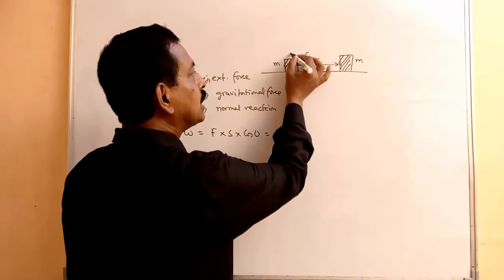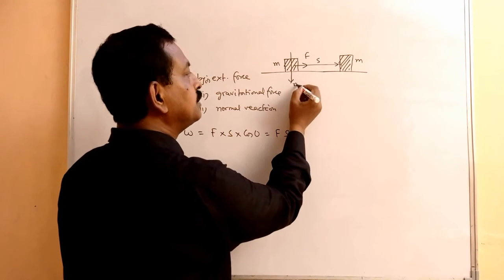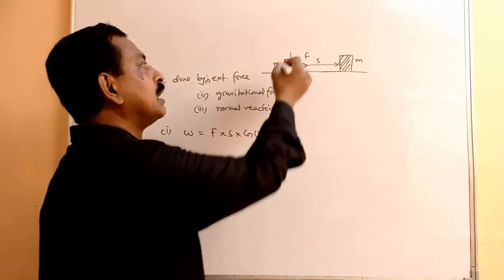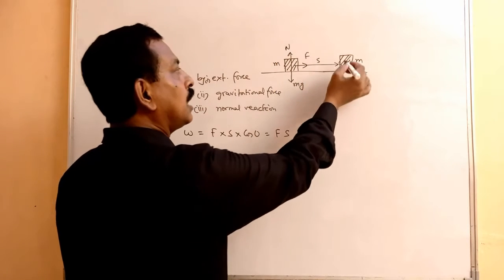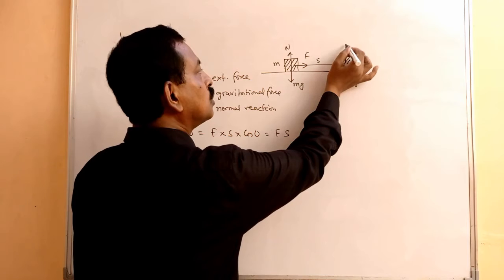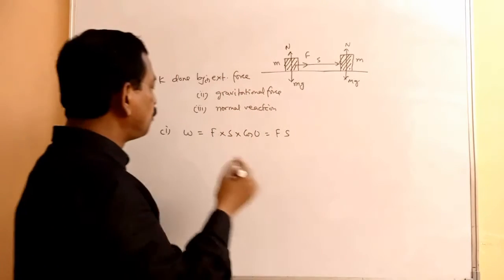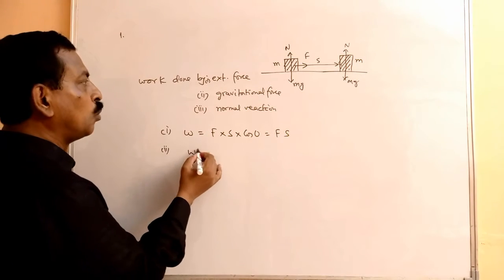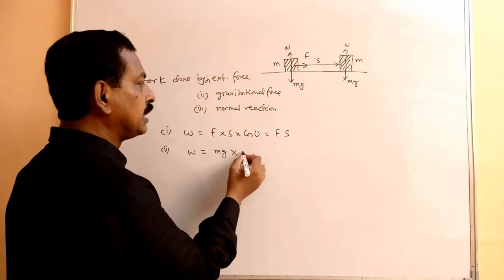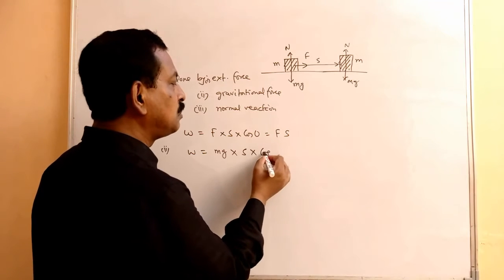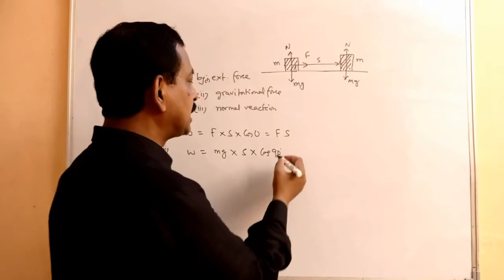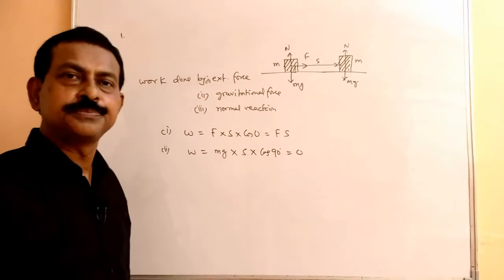But when you take the work done by gravity or the gravitational force, so it is mg. Normal reaction is acting upward, and this is the normal reaction. So for the second case, the work done by gravitational force will be mg into S, but the angle between the two is 90. So in that case, work done will be 0.